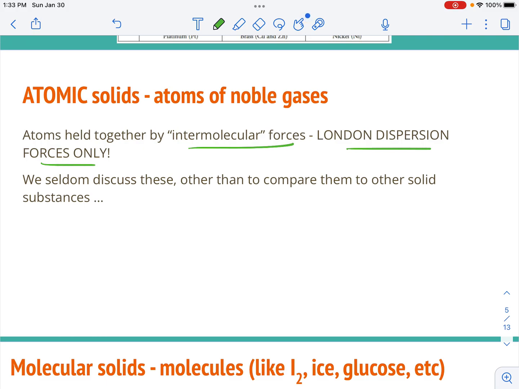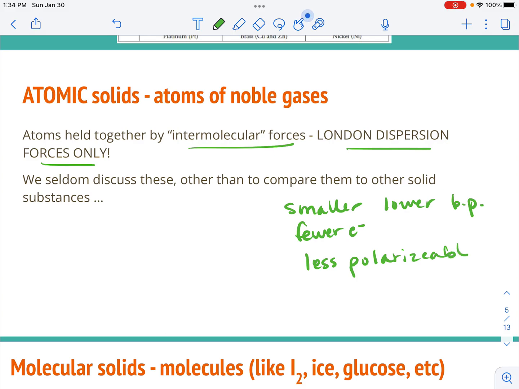If we were comparing the boiling point of helium to neon to argon to krypton, etc., we would expect that the smaller noble gases have lower boiling points. This is because they are smaller, there are fewer electrons in each atom, so they are less polarizable.